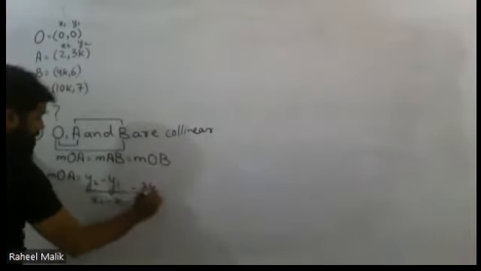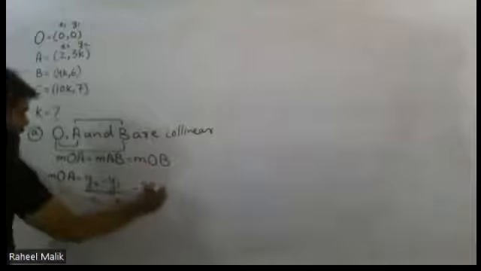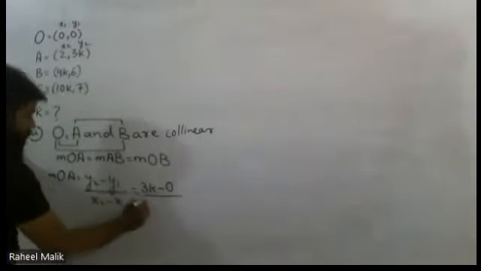I'm going to plug in my values: y2 will be 3k, y1 will be 0, x2 will be 2 minus 0. So the gradient of OA is 3k over 2.